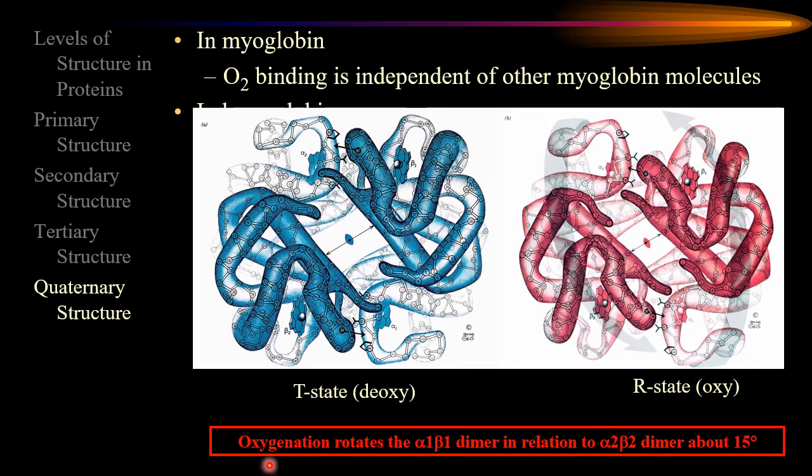Another conformational change is that there's a rotation of the alpha-beta dimer. As mentioned earlier, an alpha subunit and a beta subunit are more closely connected to each other rather than an alpha and another alpha, or a beta and another beta. But anyway, there's a twist of about 15 degrees.